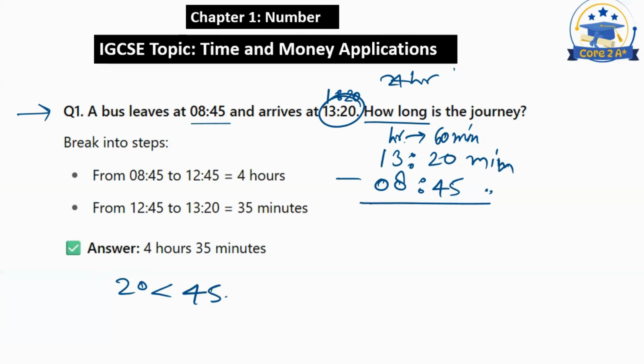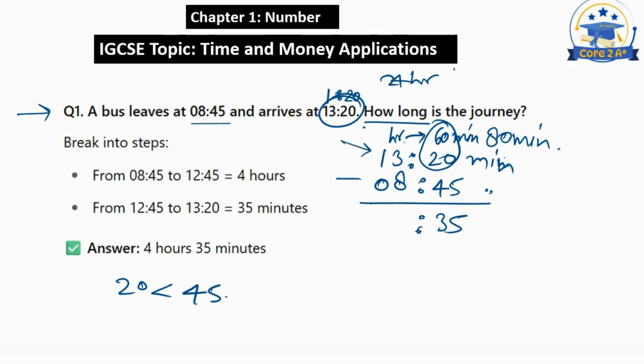It cannot be only one, because the left one is your hours and the right one is your minutes. Now 60 plus 20, how much is it? Now 80. Yes. Now we can subtract very easily. 80 minus 45 is how much? 35, right? 10 minus 5 equals 5, 7 minus 4 equals 3.